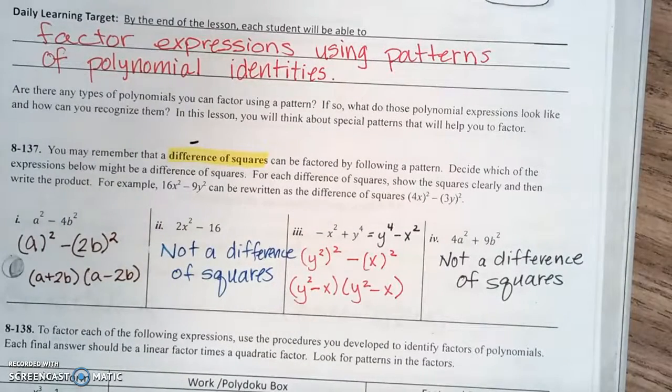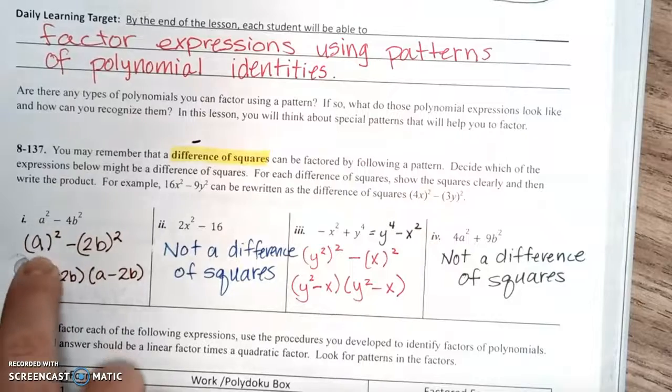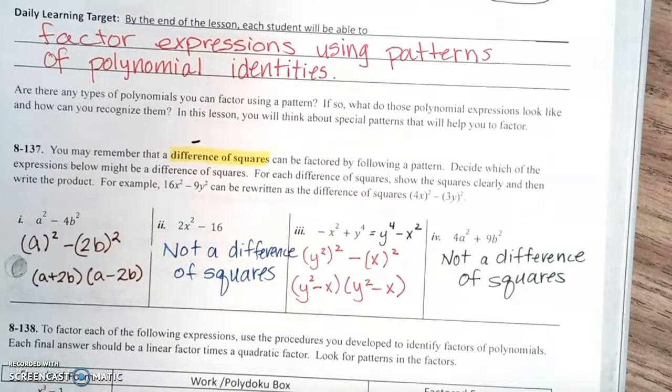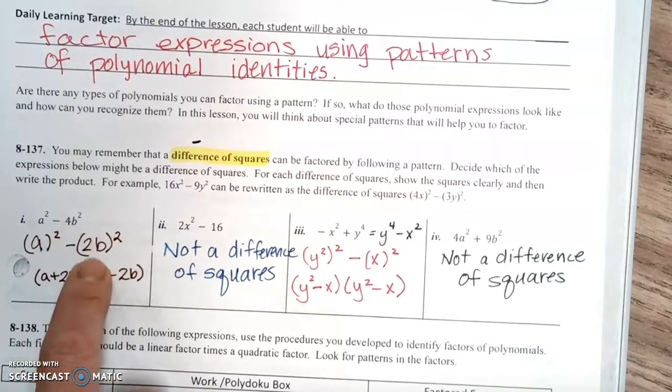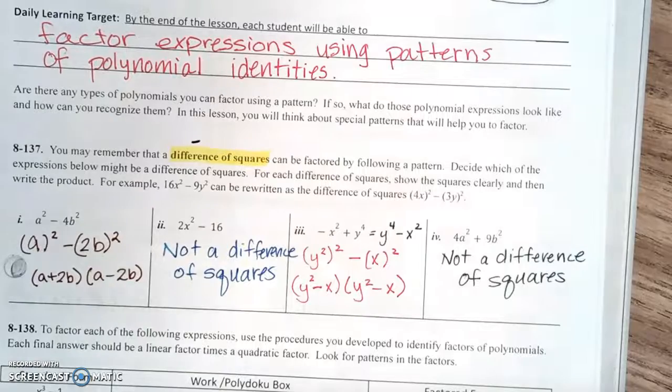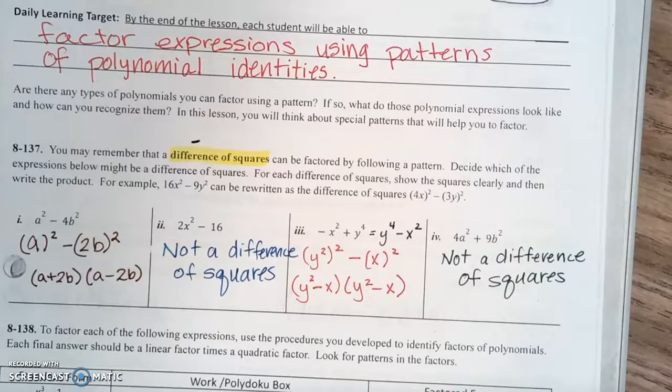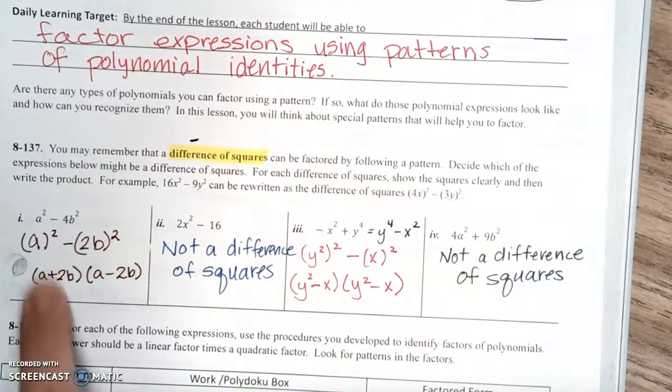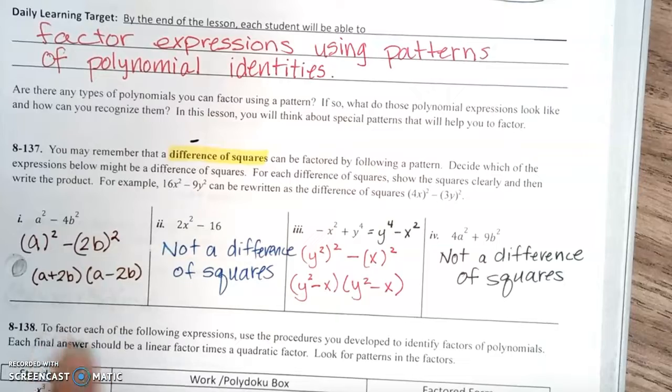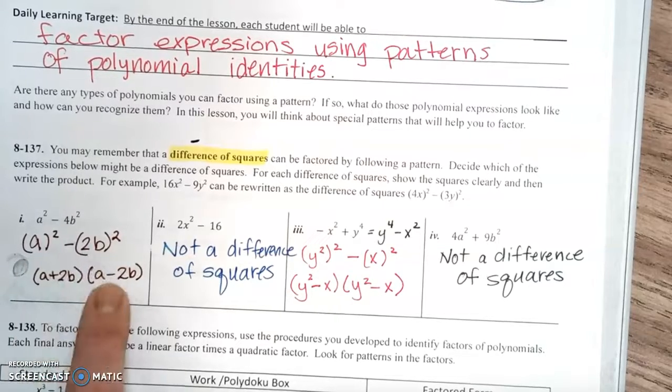So the first one is a squared minus 4b squared. Hopefully you will recognize that the a is being squared and that the 4b squared is 2b being squared, and it's a difference, meaning it's subtraction. Then you write it as the product, okay? So the product would be a plus 2b times a minus 2b.